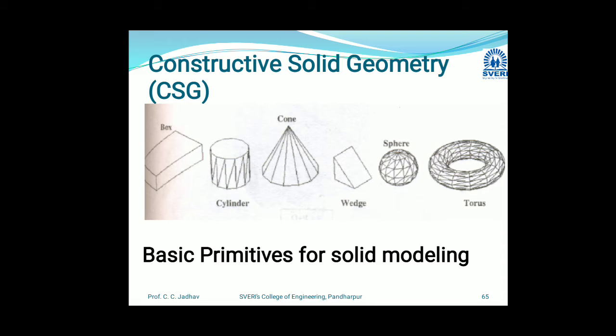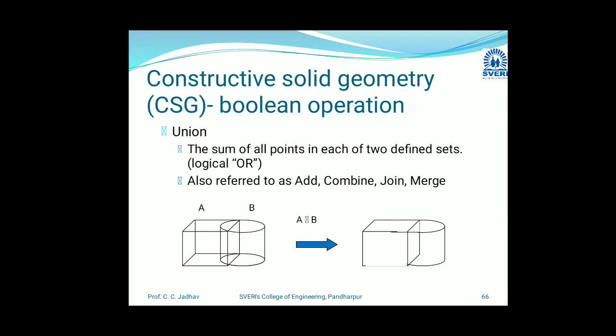Now you can see here some primitives like box, cylinder, cone, wedge, sphere and torus. These are the basic primitives for creating any geometry by using CSG. So, constructive solid geometry with the boolean operations.